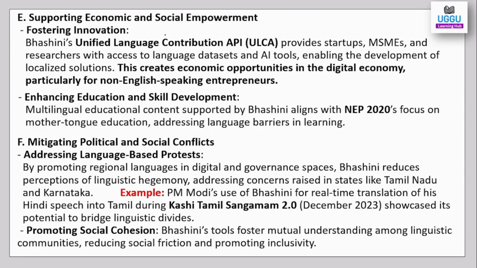Point number 4, support economic and social empowerment, fostering innovation.